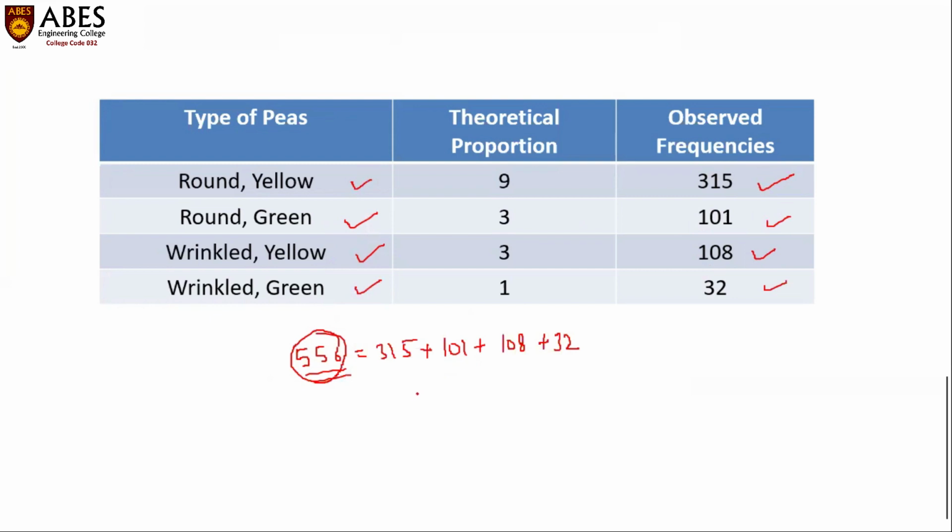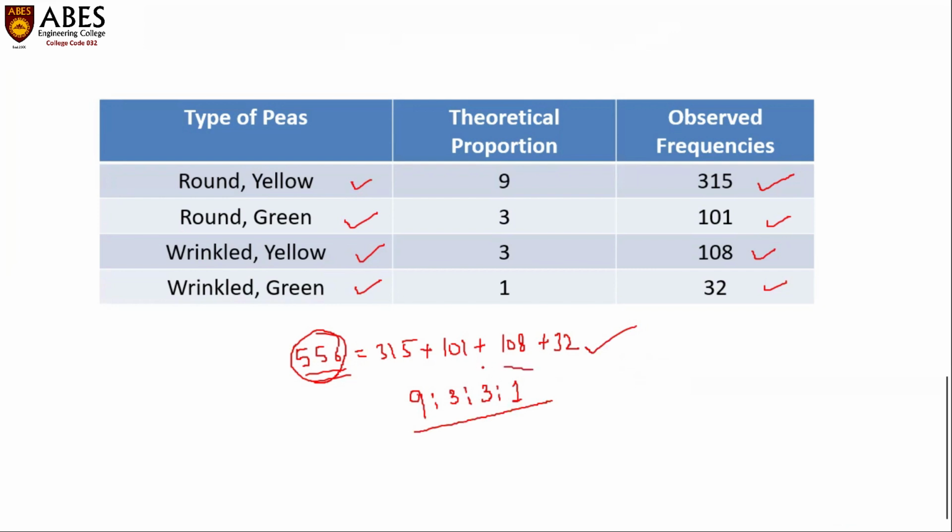His theory of genetics claimed that if you randomly select a number of pea seeds, then their distribution into these four categories should be 9 is to 3 is to 3 is to 1. So this was the theoretical distribution of data, whereas this is the observed distribution of data.